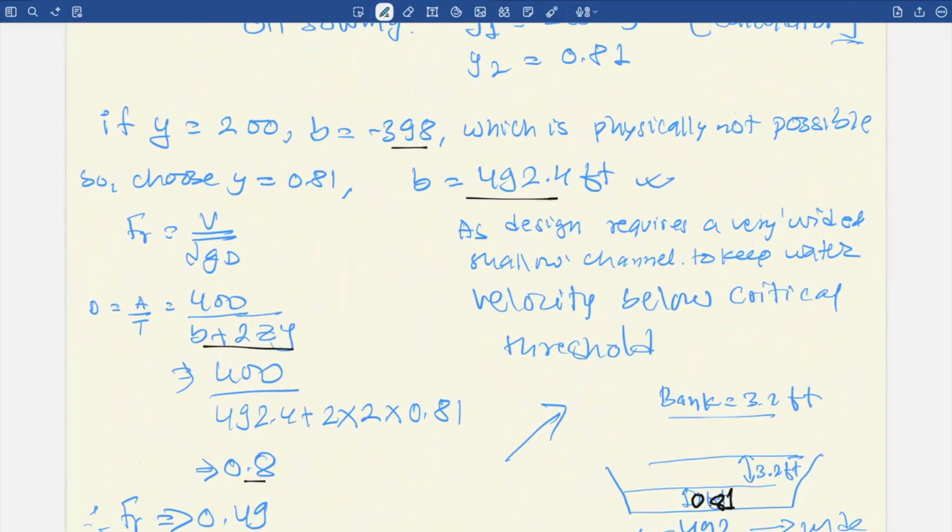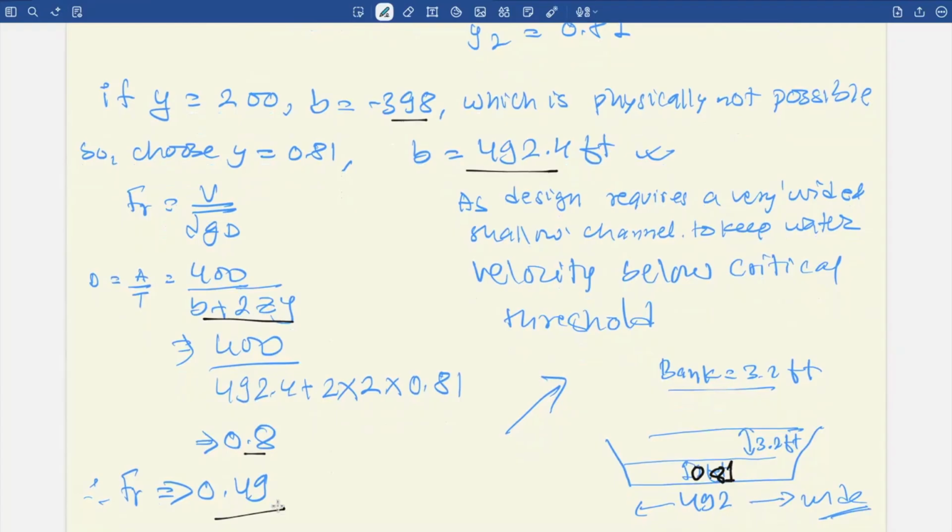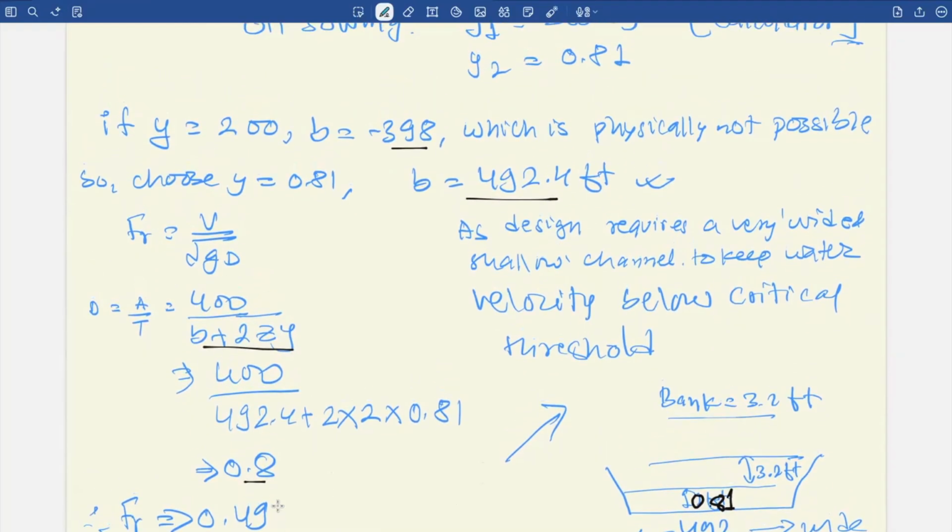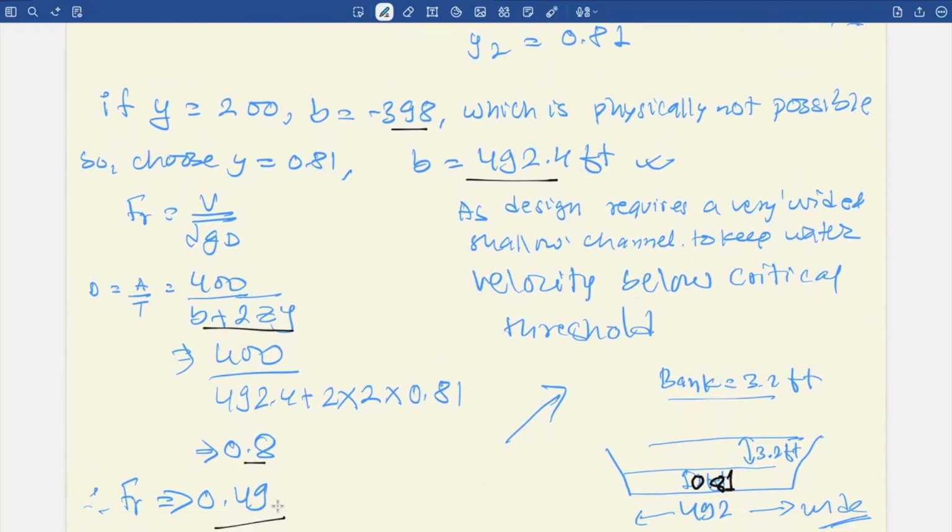For computing the Froude number, we need the hydraulic depth, which is equal to area by T, the top width. So that gives us about 0.8. So our Froude number is 0.49, which is subcritical flow, and the channel is hydraulically stable.